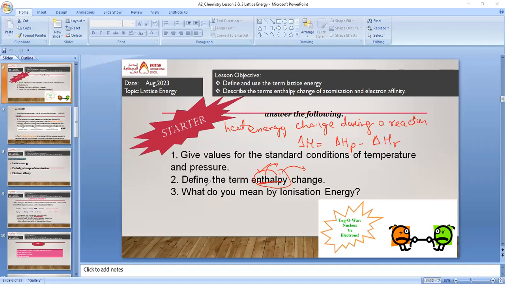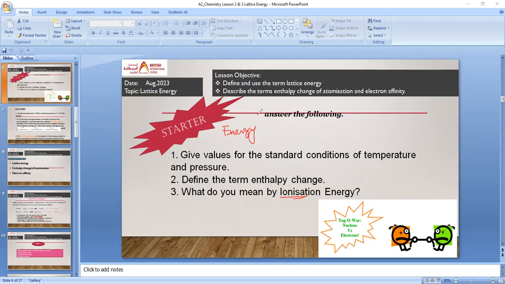Then what do you mean by ionization energy? As the name indicates, ionize. An atom gets ionized when it loses or gains an electron. So ionization energy is the energy required to remove an electron from an isolated gaseous atom.